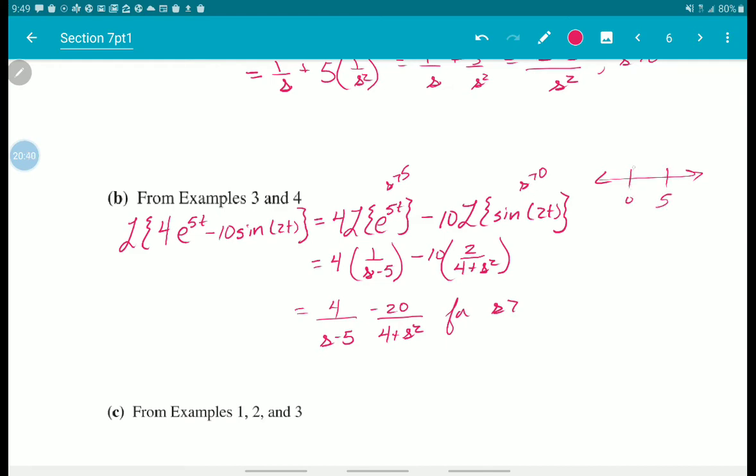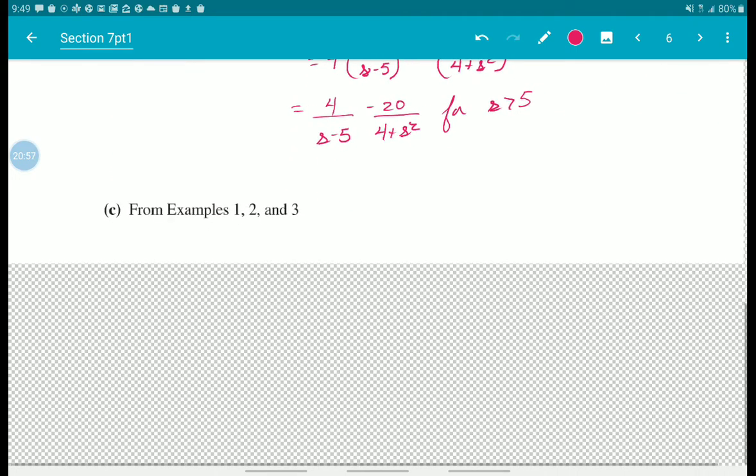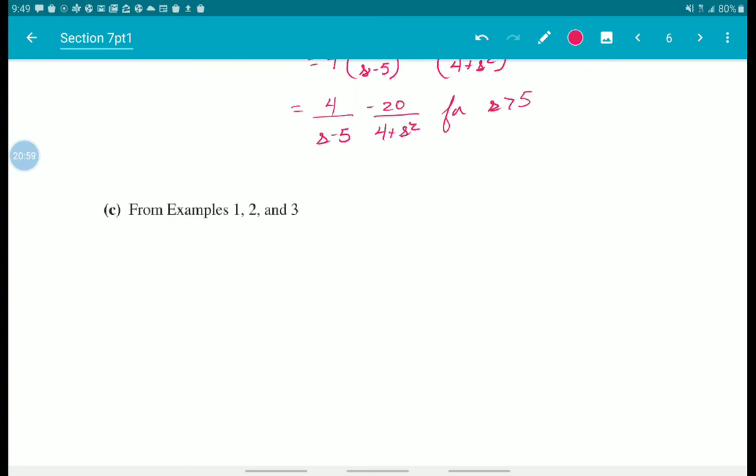If s has to be greater than 0 for that sine one, and s has to be greater than 5 for the e to the 5t one, then the overlap of those would be s has to be greater than 5. You have to go with that overlap, which is the intersection of those two. So you can see how this guy's working. Let's do another one.